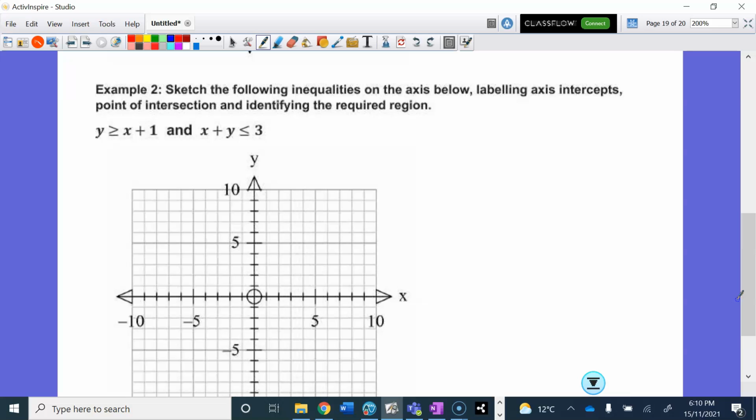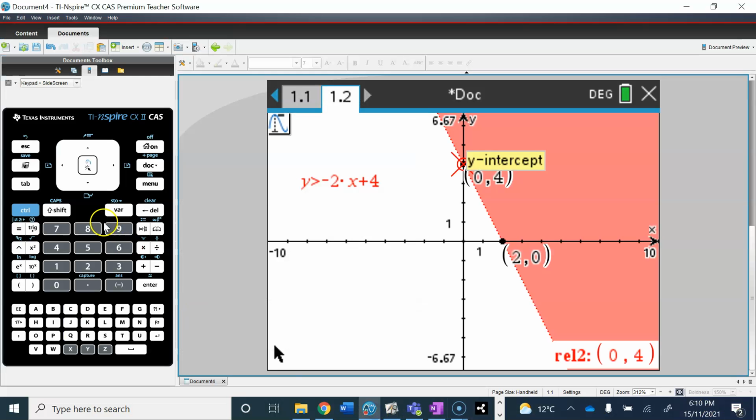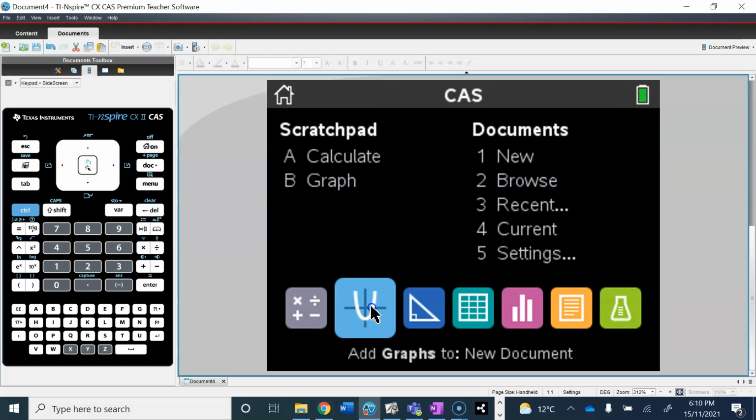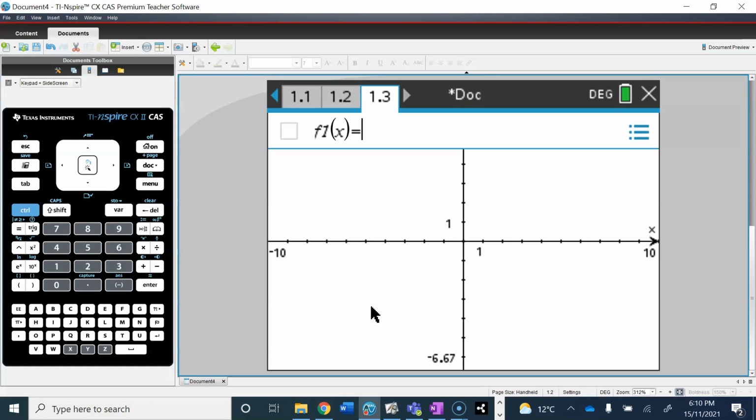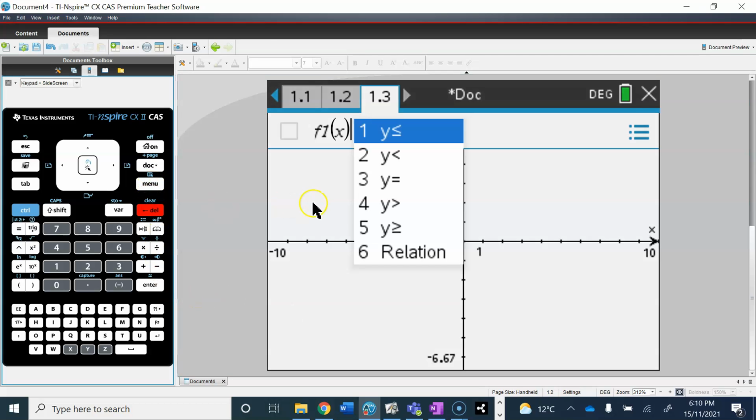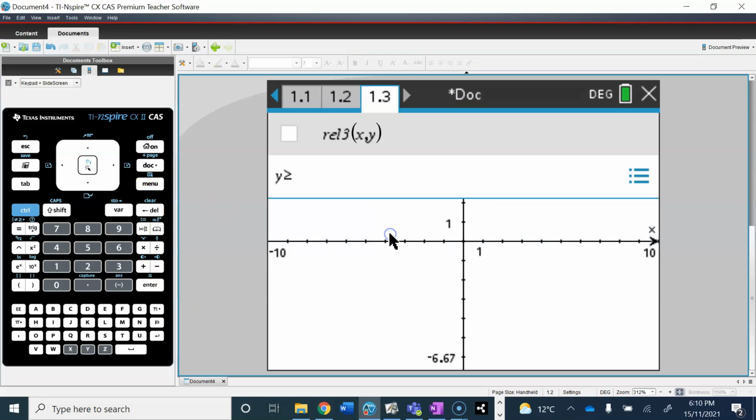Okay, so if you're looking at something like this one, y is greater than or equal to x plus 1, and then x plus y less than or equal to 3. Let's have a look at what that looks like on a graph to start with. On a clean graph page, let's go to a new one, and I want to type in y greater than or equal to x plus 1.